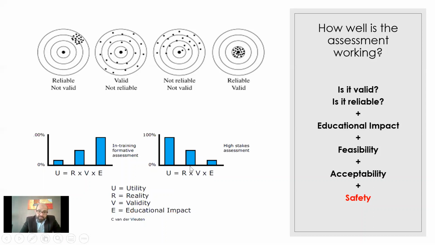A good level of validity is accepted, and in high-stakes assessment, because you are giving them a license and it's an exit exam, you do not really care about the educational impact. While in formative assessment, in training formative assessment, where students can improve, can develop, you care a lot about the educational impact. You also care about the validity, but the reliability here is not very important.